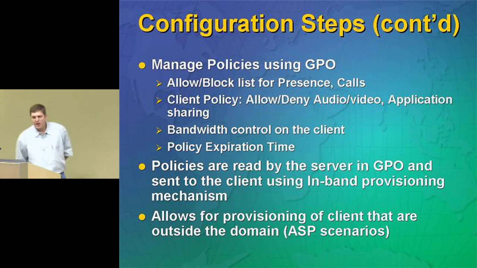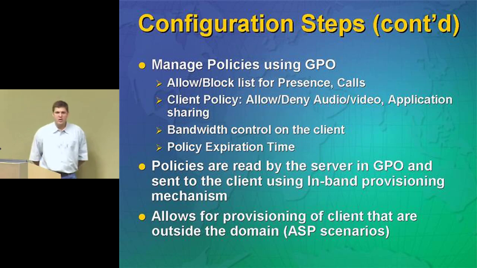You might want to manage policies, and we do this using the group policy object in Active Directory. So this is where you could create generic allow and block lists, right? So you could say that nobody in the support group can see the presence of the people in the product team, or something like that.